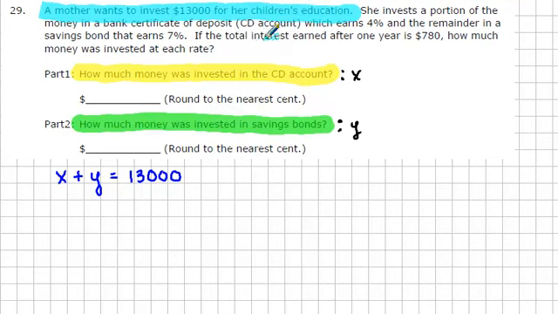The second sentence that we'll focus in on is the one that tells us that the total interest earned after 1 year is $780.